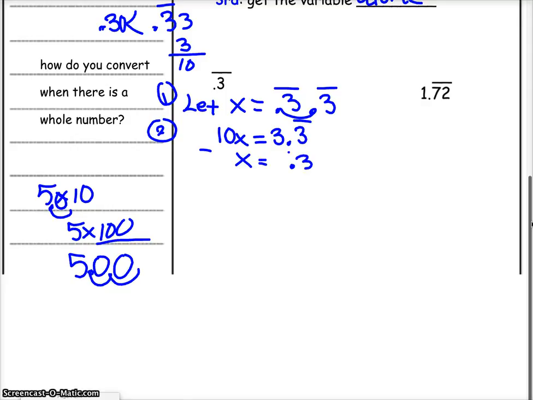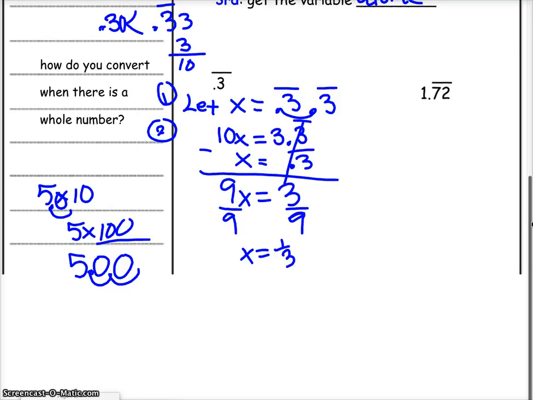X is 0.3 repeat. 10x, take away an x, is how many x's? 9x equals, notice that the repeating part cancels out, 3. Now how do you get rid of the 9? This is 9 times x. How do you get rid of times? Divide. x is equal to 1/3.